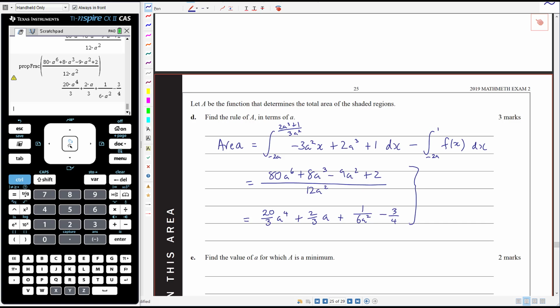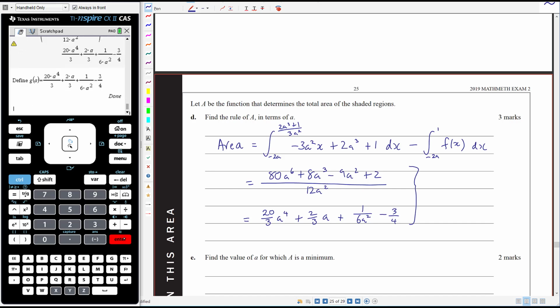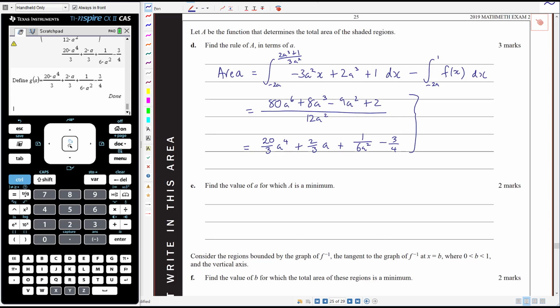Find the value of a for which the area is a minimum. Okay, so maybe I'm going to define a new function. I can't call it a of x because it's in terms of a. Let's call it g of a equal to this, my area function. Okay, and so we want to differentiate that. So we want to do the derivative of the area with respect to a.